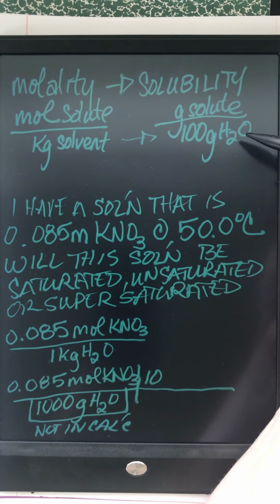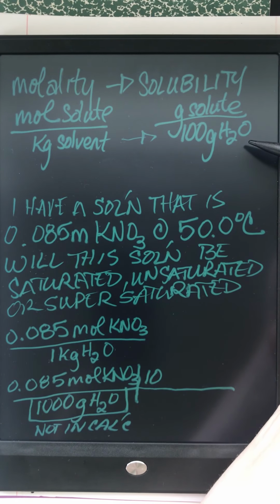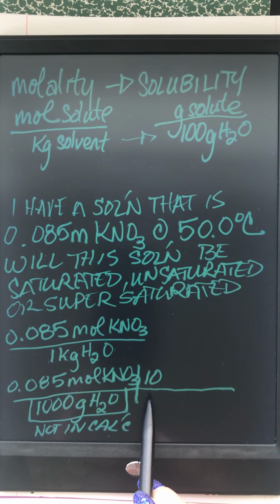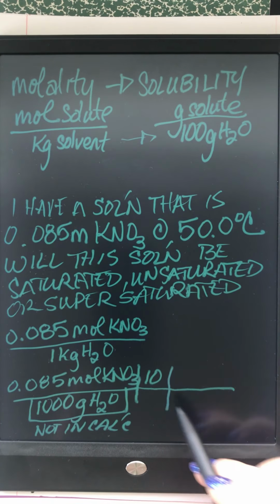Because we want it to remain in the unit. But we don't want it to be 1,000, we want it to be 100, right? So the way that we do that is by multiplying by 10 here. Everybody okay with me still? Yeah. Cool.